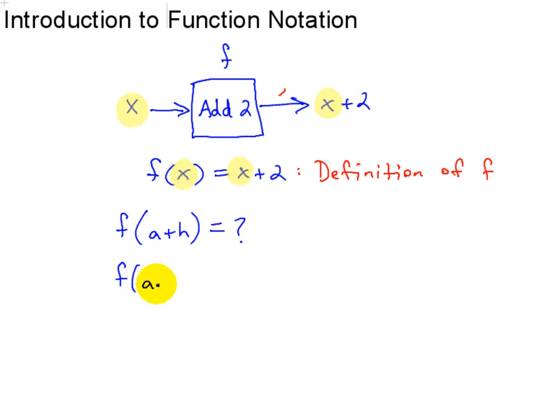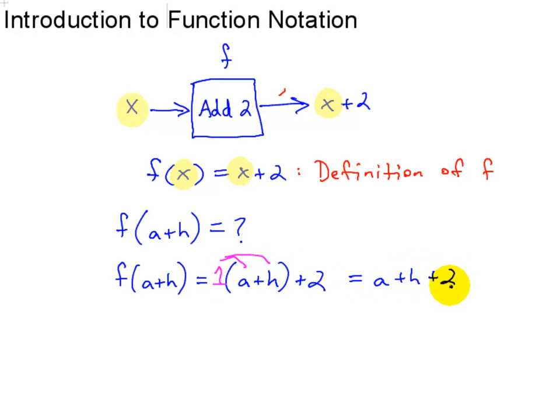So f of a plus h equals a plus h plus 2, which you can drop the parentheses on the a plus h because if you recall, any parentheses with nothing next to it has a 1 next to it that you can distribute. So 1 times a is of course a, 1 times h is of course h, plus 2. So the output of a plus h is a plus h plus 2. And that makes sense. This is the add 2 machine.